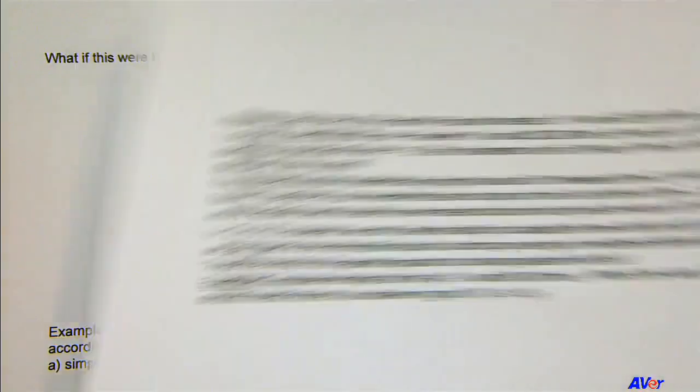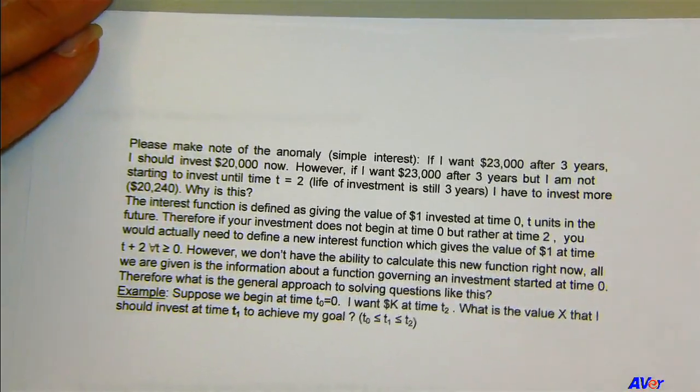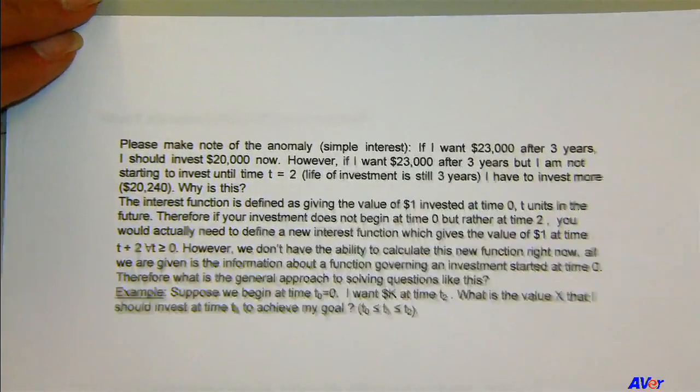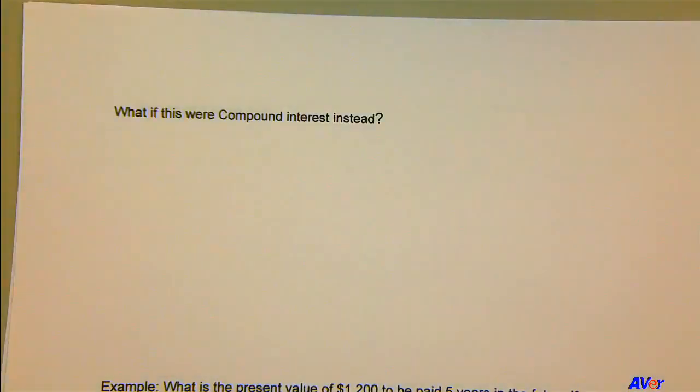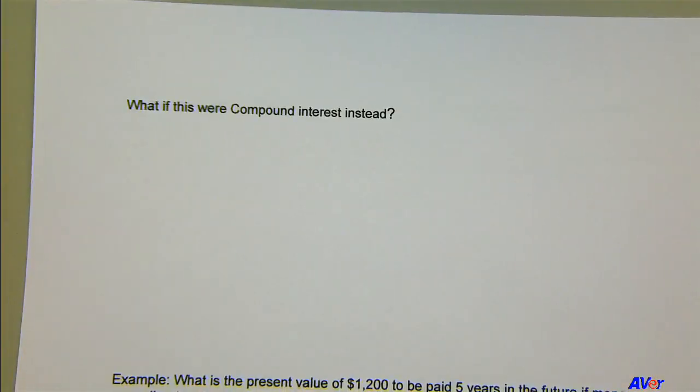That's actually on page 9A. Can we skip to that because I want to make that point before we go away? Let's skip to page 9A for a minute. What if this were compound interest?